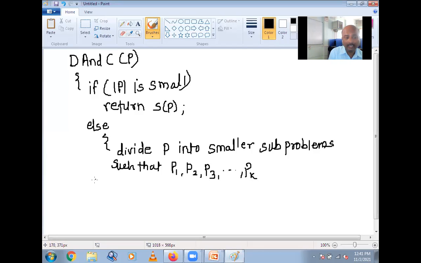Then again apply the divide and conquer algorithm to solve these sub problems.